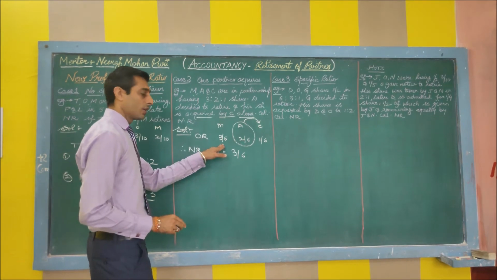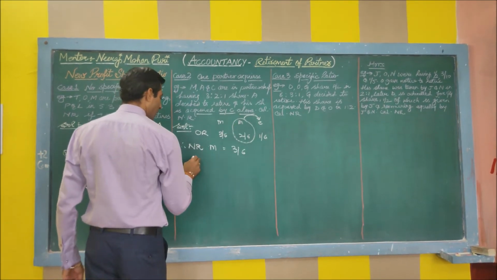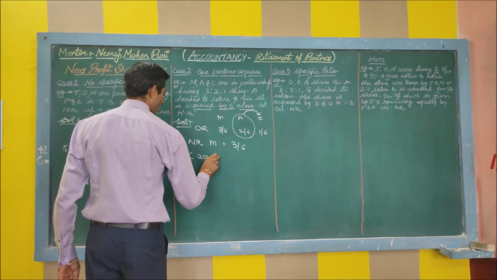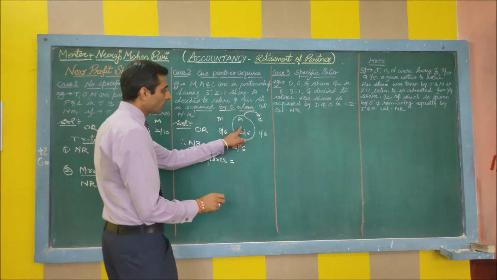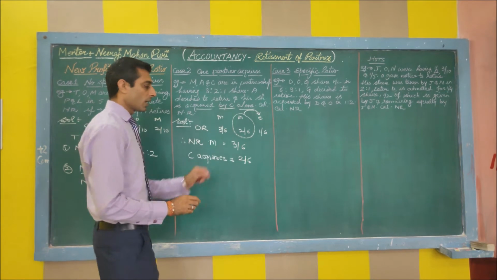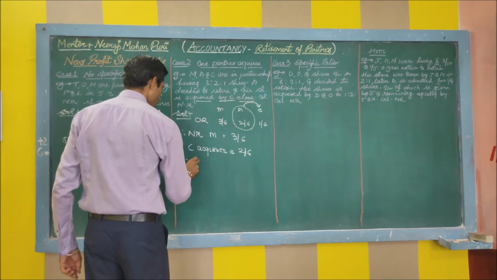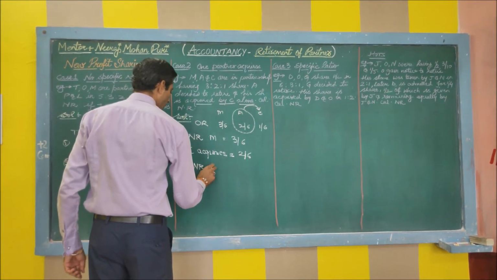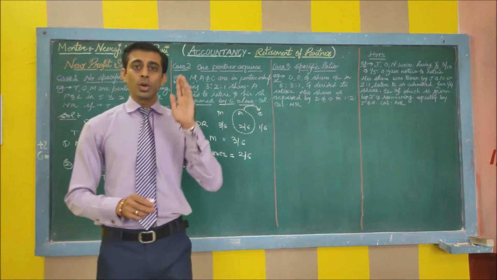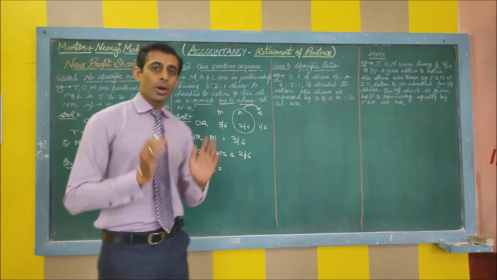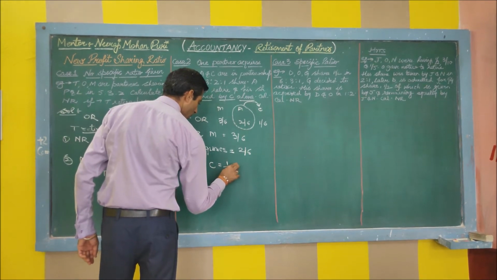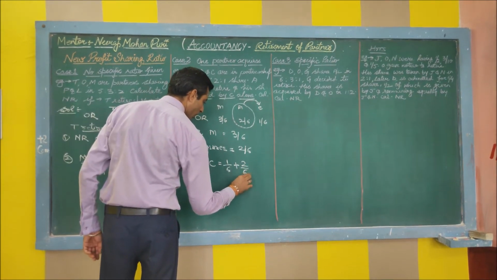उसका वही शेयर रहेगा. Whereas on A's retirement, C acquires. C को कितना एक्स्ट्रा शेयर मिला? C acquires 2/6 of A. C को 2/6 A का भी शेयर मिल गया. Therefore, new ratio for C will be equal to, आपको अभी फॉर्मूला बताया था, new ratio is equal to actual share plus acquired. इसका actual share C का है 1/6 plus how much share he has acquired 2/6. इसको और एक्स्ट्रा मिल गया.